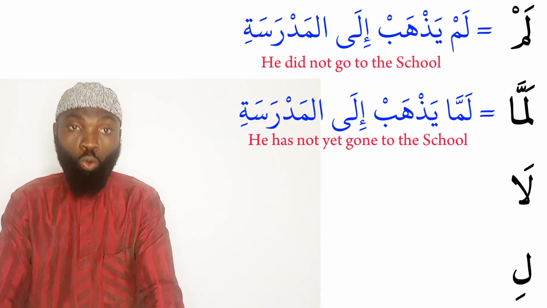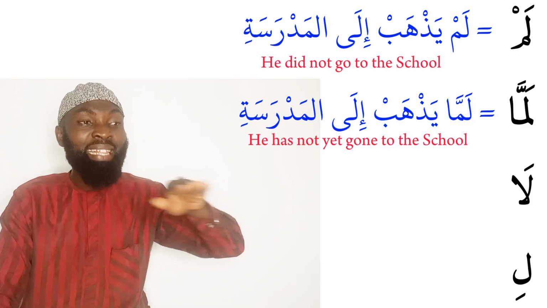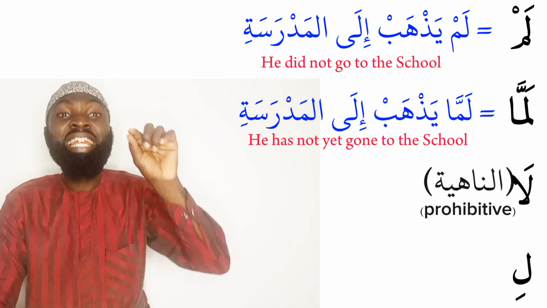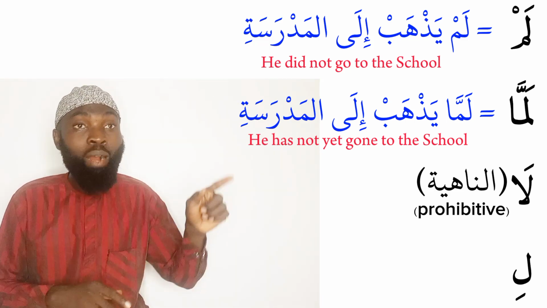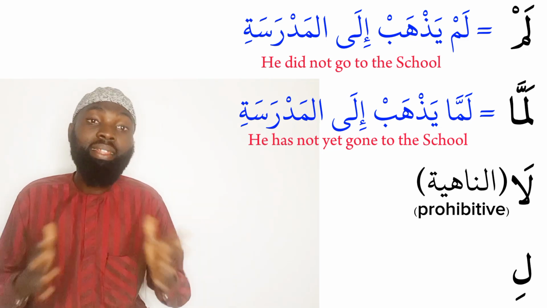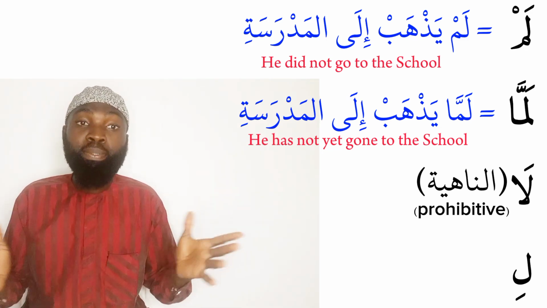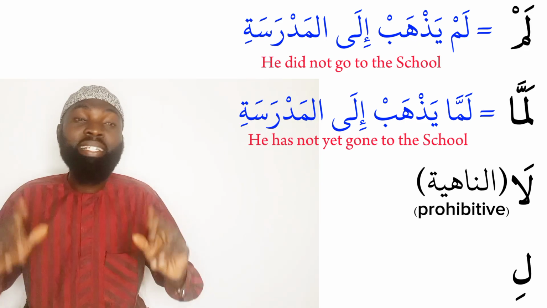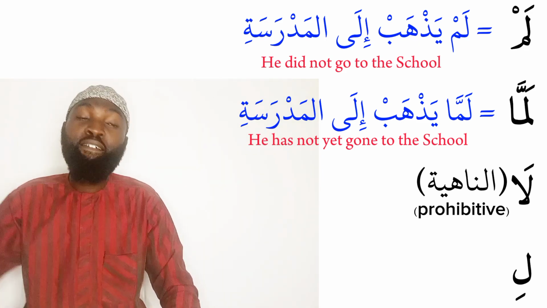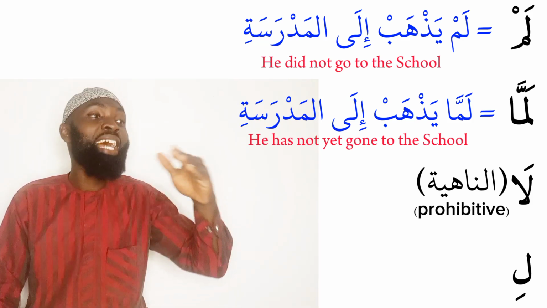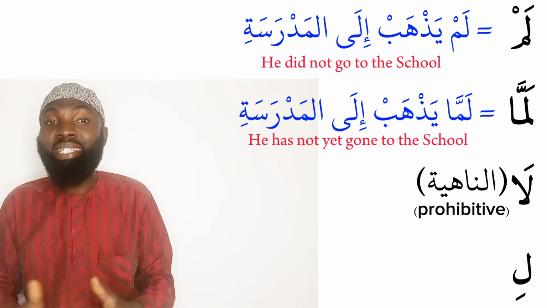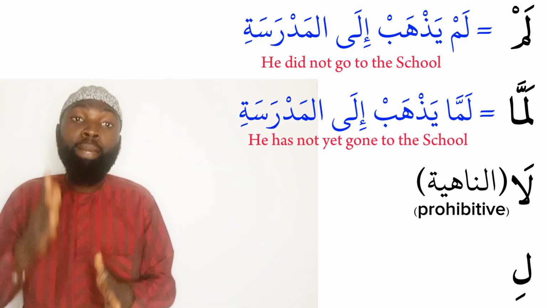Coming to the third particle here, which is the la. This la is called lam an-nahiya, the prohibitive la, because this type of la, whenever you see it in the Quran and the hadith and in other scripts, connotes two meanings. The first one is called la an-nafiya, which means the negative la, and we also have la an-nahiya, the prohibitive la. So here we're talking about the prohibitive la.